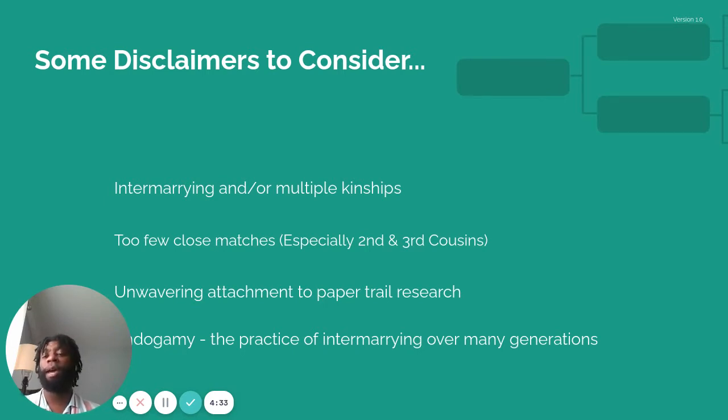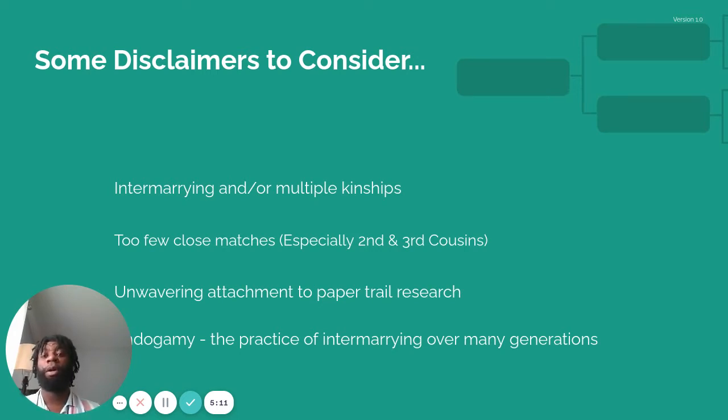One is if you have maybe a great grandparent who had children with one of their distant or even close relatives, which ends up creating multiple kinships. And that can make discerning the different groups that you're creating in this process a little bit more difficult to tease out and understand where the relationships are actually coming from, because there are several cross relationships on one line. So that can be something that complicates the process of understanding your clustering.